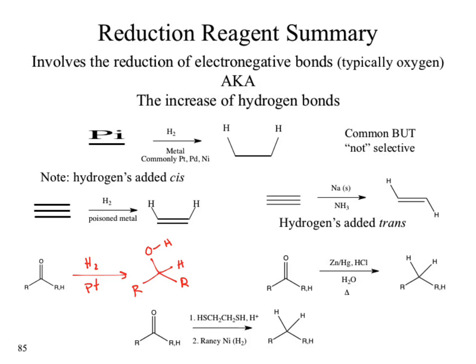The functional group I end with is an alcohol. I don't go all the way down to the alkane. Why not to an alkane? In the case of the nonpolar pi bond, they were both carbons. In the case of the carbonyl, they aren't both carbons, so I can't completely get rid of the oxygen. The reactive site is at the oxygen and the carbon. We're adding hydrogen across that. That's how we get the alcohol.